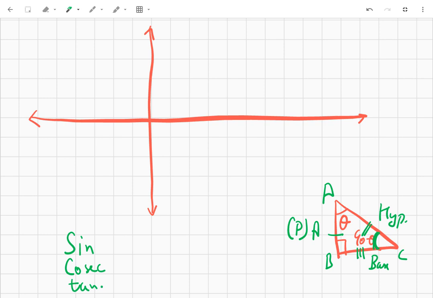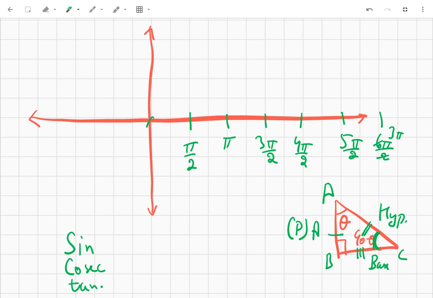So sine function. Let's mark the points. Say this is pi over 2, this is pi, this is 3 pi by 2, this is 4 pi by 2, which is actually 2 pi, then this is 5 pi by 2, then next will be 6 pi by 2, which is actually 3 pi.